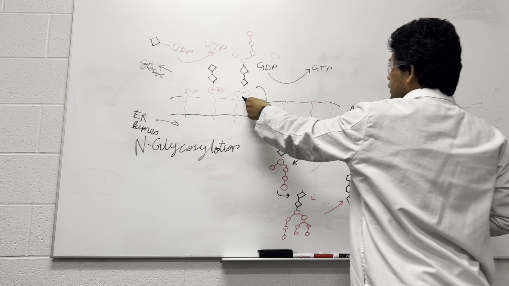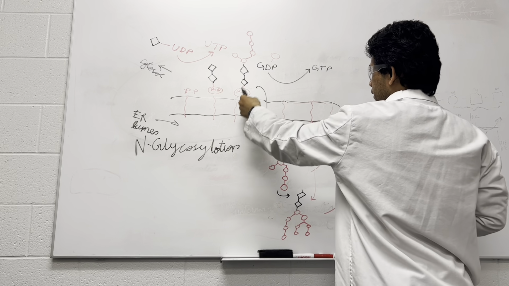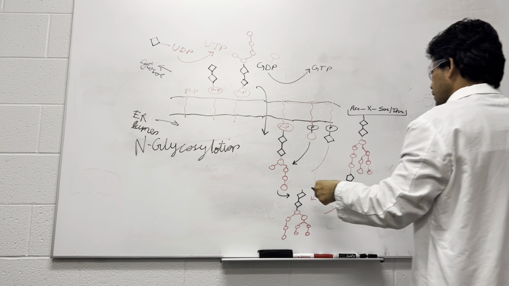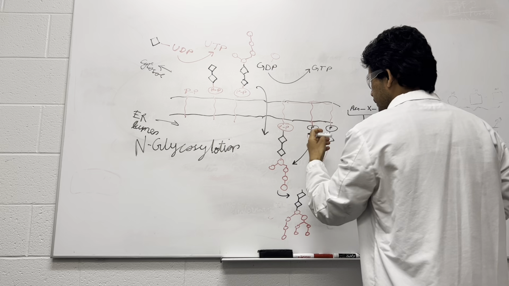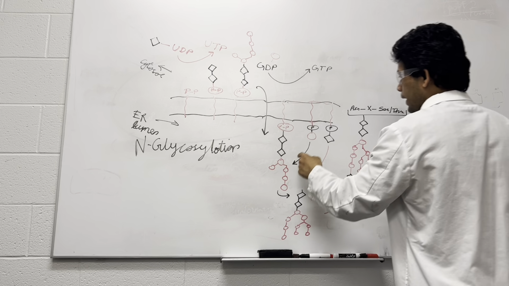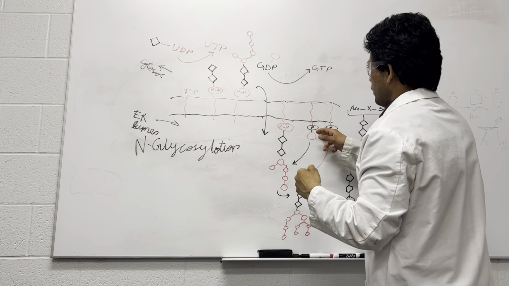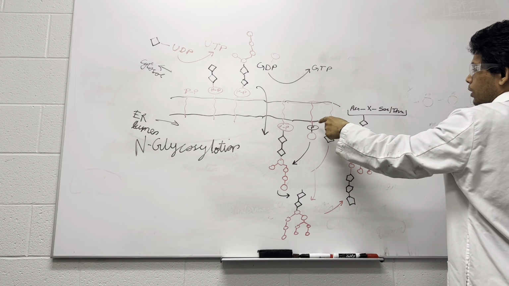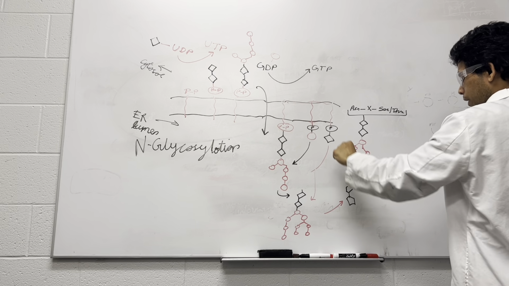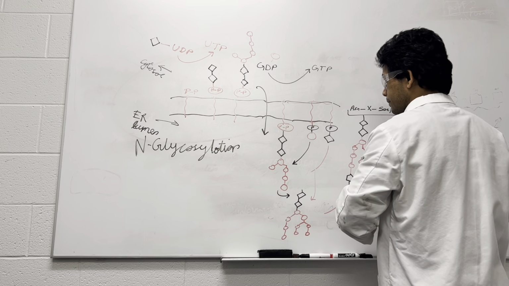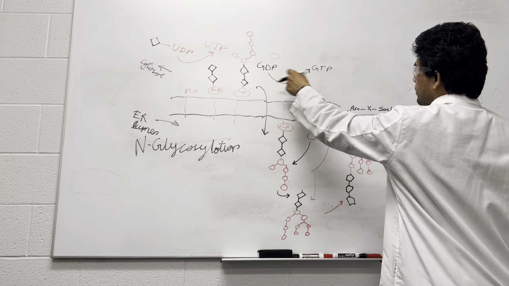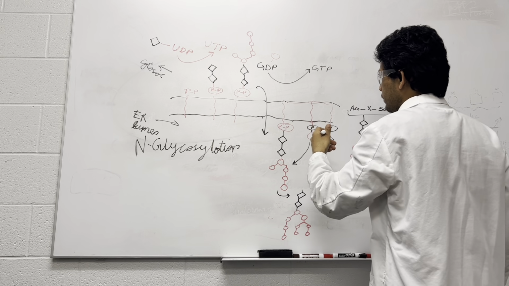After that, this Dolichol chain will flip inside the ER lumen, and inside the ER lumen further addition of mannose occurs, this time with the help of another Dolichol chain with a single phosphate, which has the mannose.